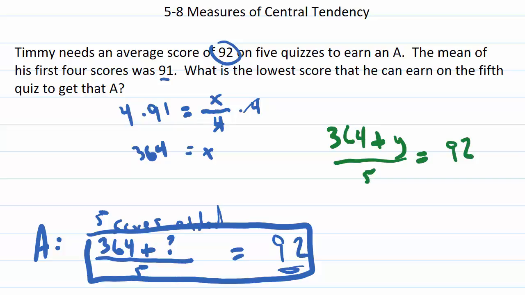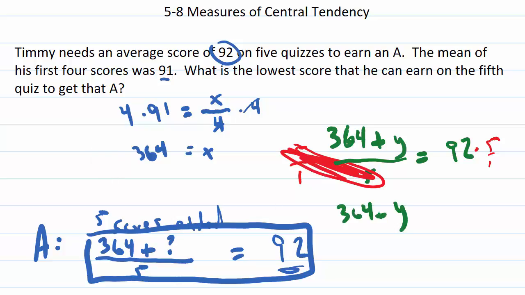Since I have this fraction here, I'm going to multiply both sides by 5, or 5 over 1. And 5 over 5 equals 1, so this goes away. What I'm left with on the left hand side is 364 plus y equals 92 times 5, which is 460.